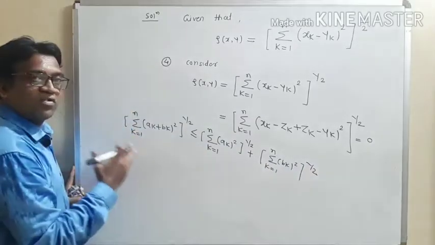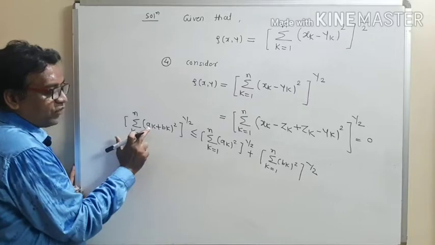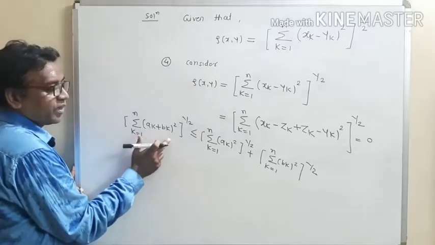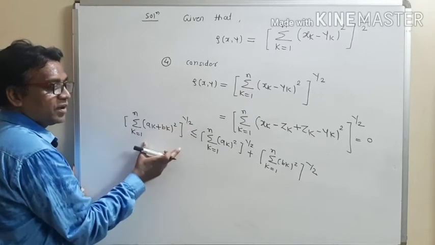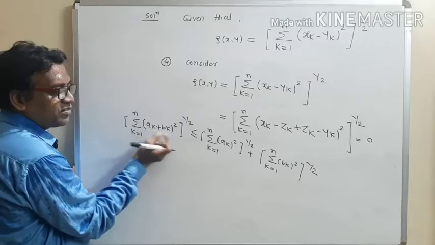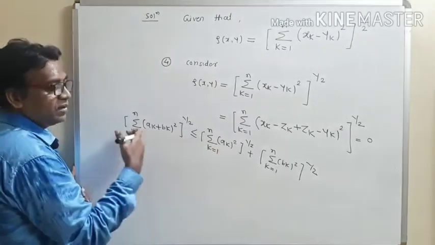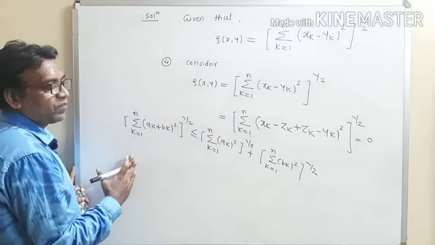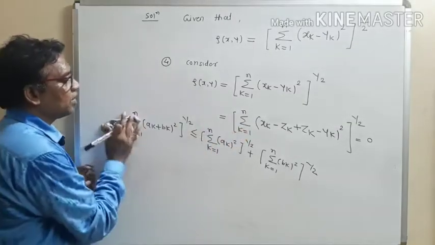This is the addition of ak and bk, and it is less than or equal to the summation of the first term plus the summation of the second term. This is called Minkowski's inequality. So let us use this Minkowski's inequality for this term.